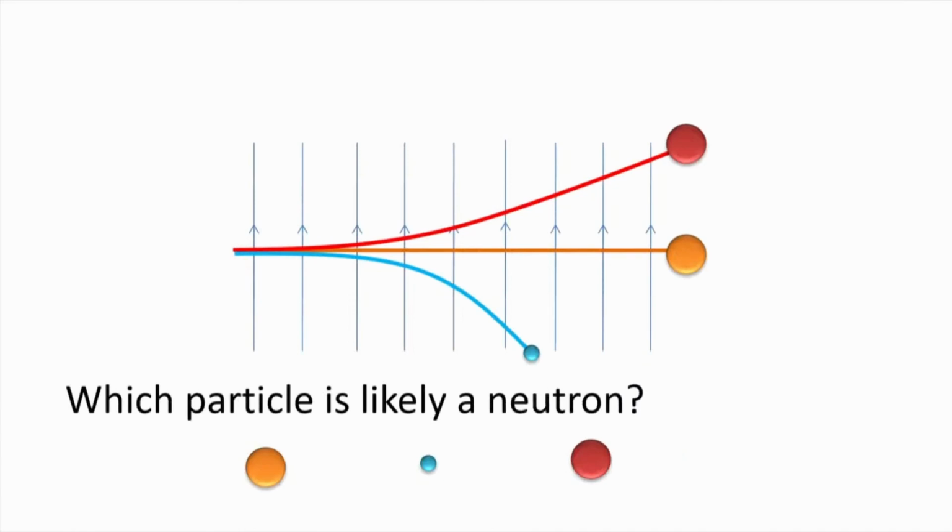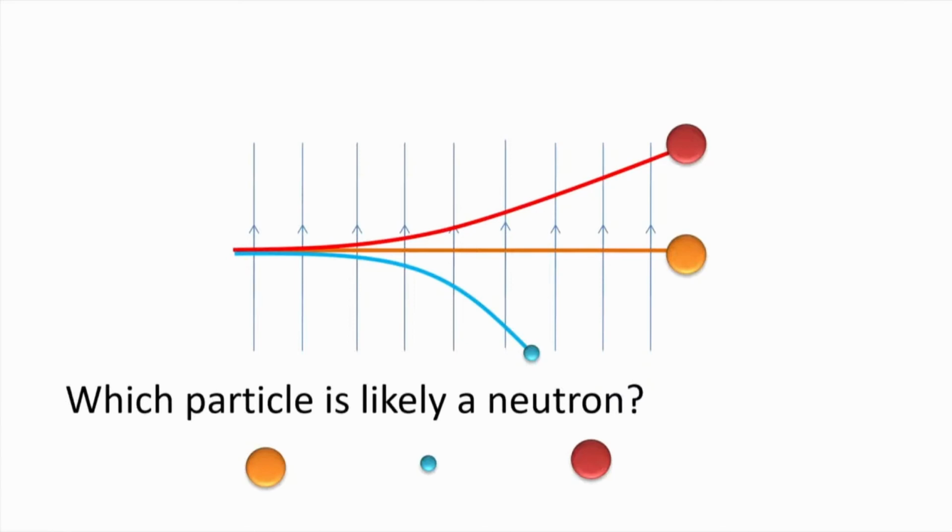Then ask, which particle is likely a neutron? Now, a neutron has no charge. And so, remember we talked about compatibility with the field, the neutron is incompatible with the field because it's not going to experience any force.